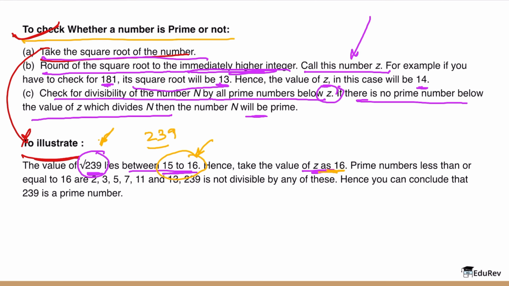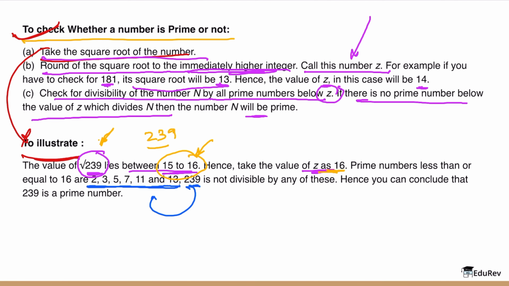Now you need to write all the prime numbers which are less than or equal to 16. They are 2, 3, 5, 7, 11 and 13. Now I have to check whether 239 is divisible by these numbers or not. If it's not divisible by any of these, then it's a prime number. If it's divisible by any one of these, then it's not a prime number; in that case, it's a composite number.